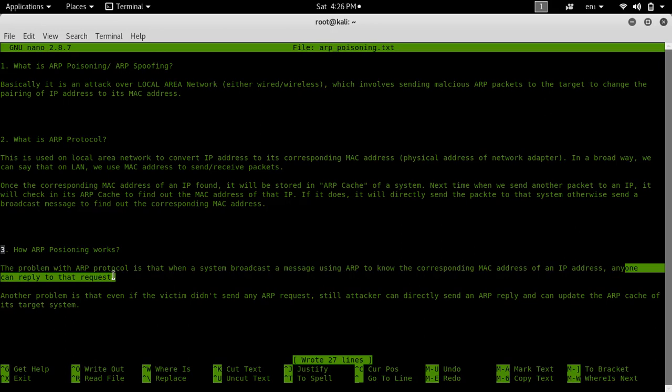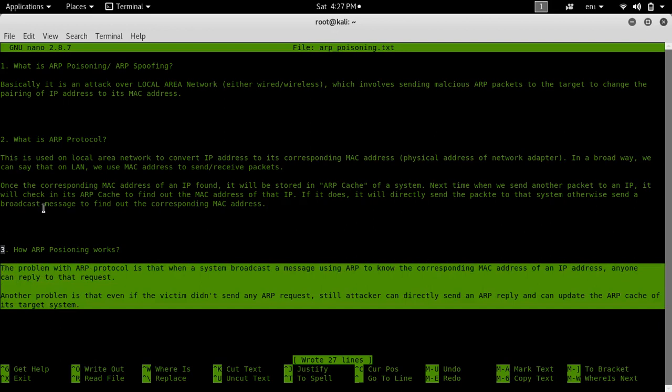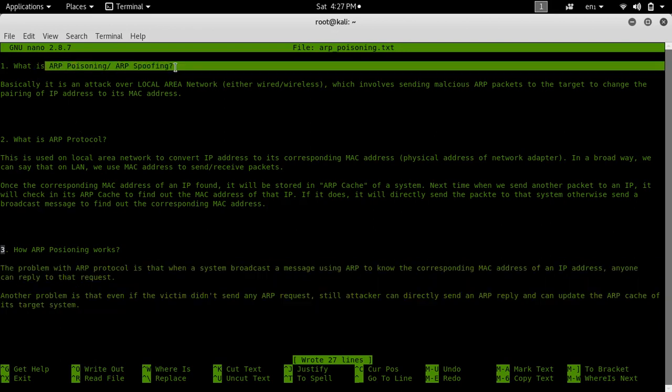Even if that system doesn't have that IP address, it can send its own MAC address as a reply, and that will update the ARP cache table of our victim. Another problem is that even if the victim didn't send any ARP request, the attacker can directly send an ARP reply, and it will update the ARP cache of our target system. So these are the two major problems which help us do ARP poisoning, or ARP spoofing.